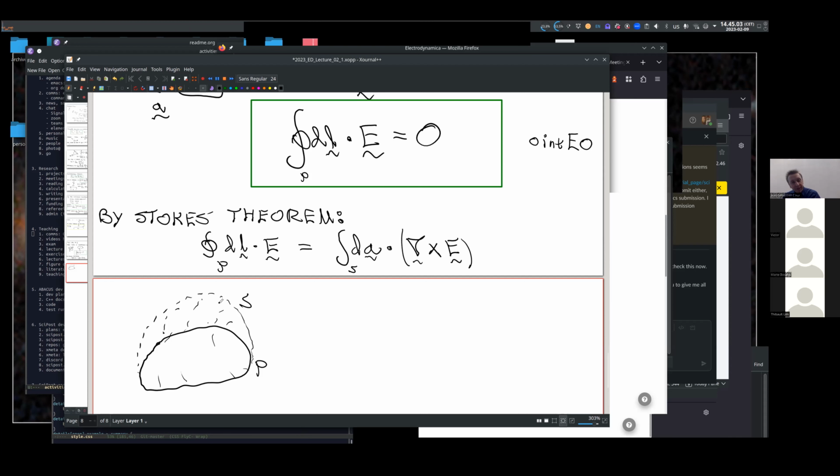And on my surface S, I would have these tiny little dA. So that thing here is a dA. Okay. The dA is a differential surface element.